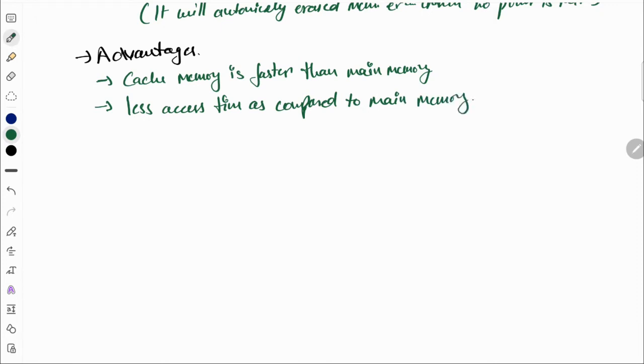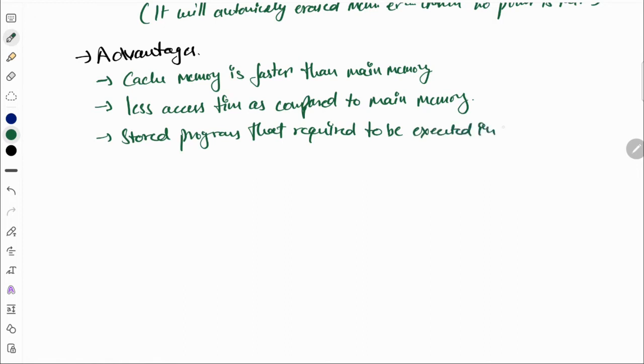It stores the programs that are required to be executed in a short period of time.